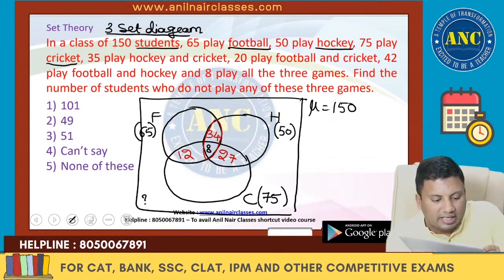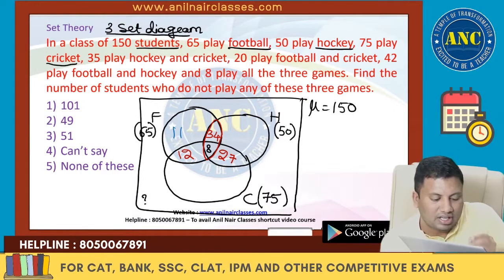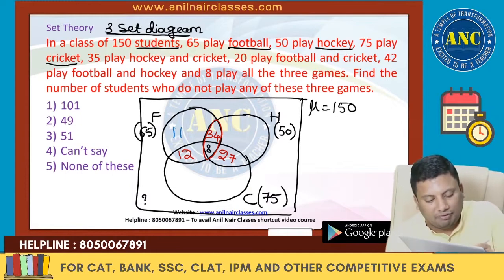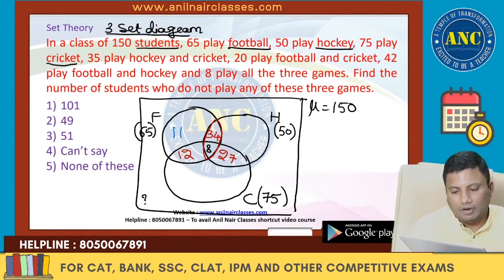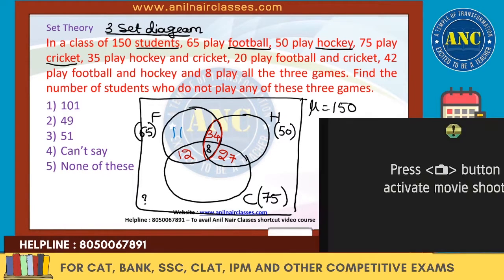So football it is 65, 34, 42, 54, which is 11. 50 play hockey. Hockey and cricket is 35. This set is 12 plus 20 is 34 plus 8, 42. 42 plus 21 is 68, which is minus 18.